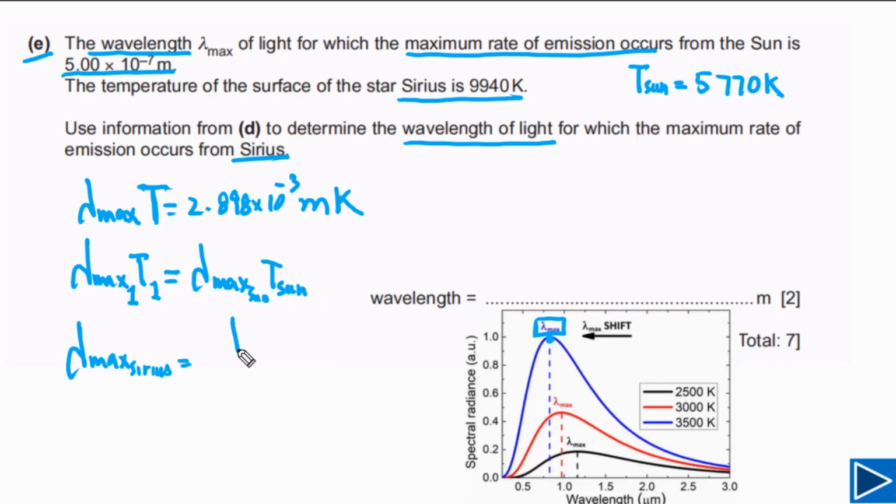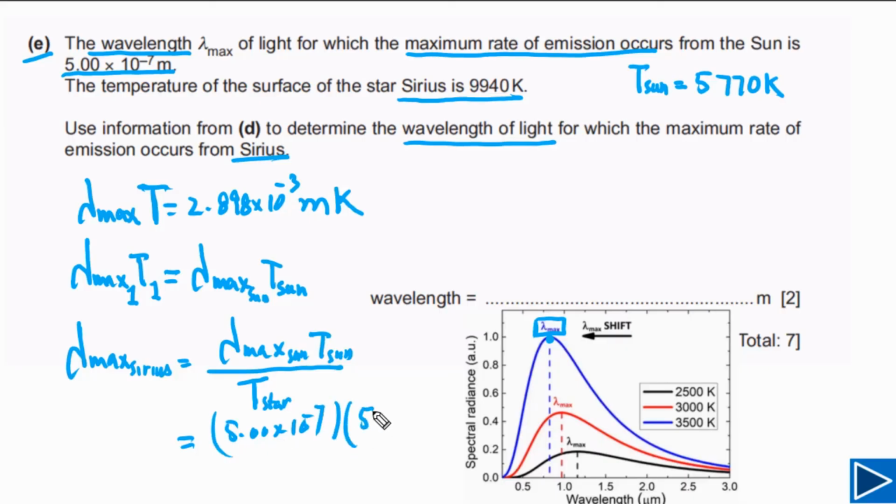So we can rearrange: lambda max 1 is equal to lambda max of the sun times the surface temperature of the sun, divided by the surface temperature of the star. Lambda max for the sun is 5.00 times 10 to the negative 7 meter, and the surface temperature of the sun is 5770 Kelvin.